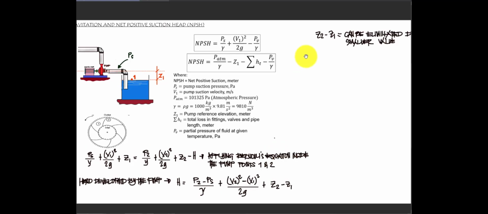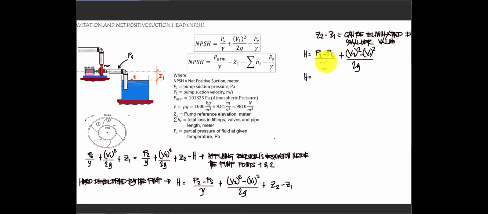So we can rewrite our equation: H is equal to the pressure 2 minus the pressure at the suction, divided by the specific weight, plus the velocity at point 2 squared minus the velocity at point 1 squared, divided by 2 times the gravity. Z is eliminated due to smaller values, and we can factor out from the equation the specific weight.